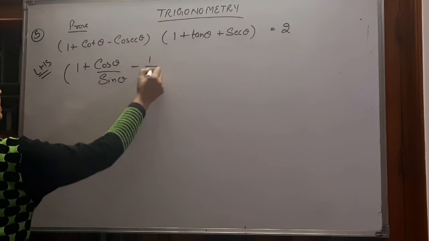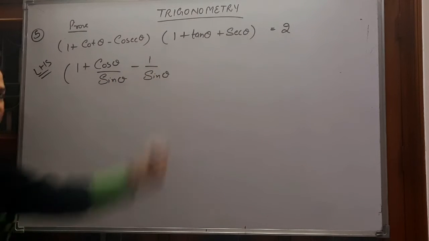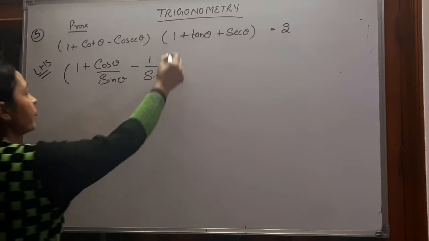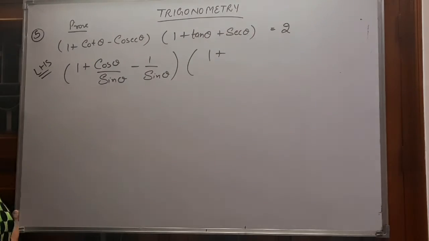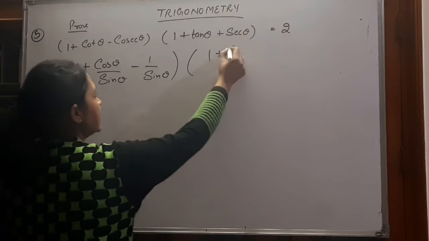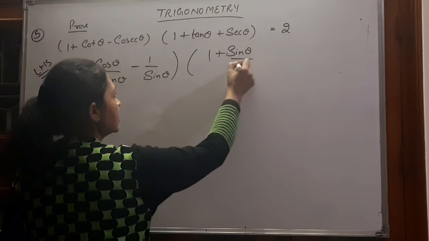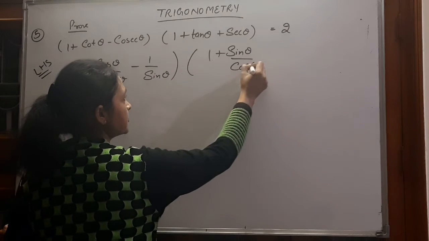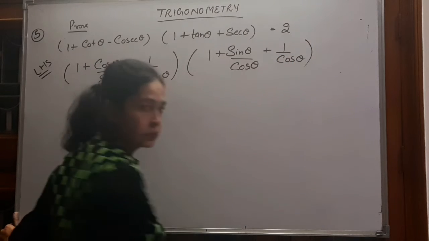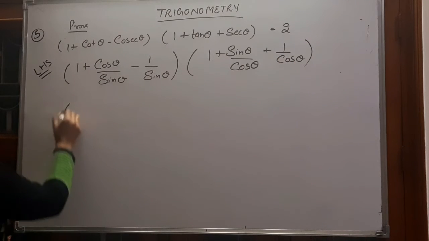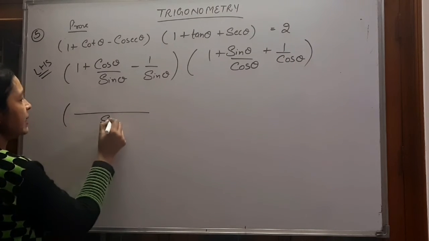And what is cosec? Cosec is reciprocal of sin, 1 upon sin theta. 1 plus, what is tan? Reciprocal of cot. Sin theta upon cos theta. And what is sec? Reciprocal of cos. Clear? Now, taking LCM as sin theta.